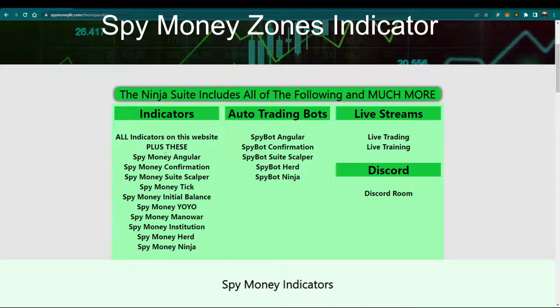So if you don't really know what indicator to use, maybe it's better for you to try this out. But you also get all of these other indicators that you cannot lease or buy on my website. And the Sweet Scalper is my main go-to indicator that works very well. And I'll also use the institution indicator. It's in part of it. I use the zones and the balance. I use those four.